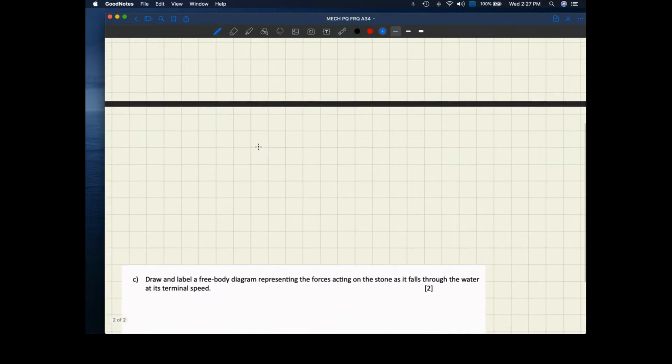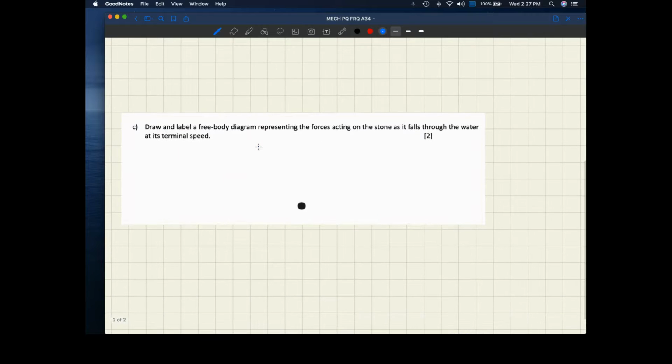And the last question, a free body diagram is a picture of the forces acting on a body. So here is the stone or the pebble. Now, when we spoke about terminal velocity initially, we spoke about us falling through the air as we're skydiving.